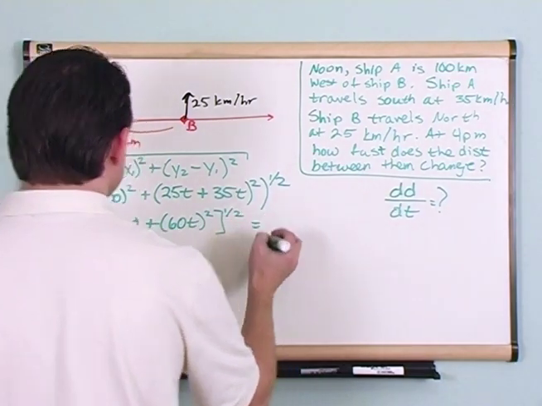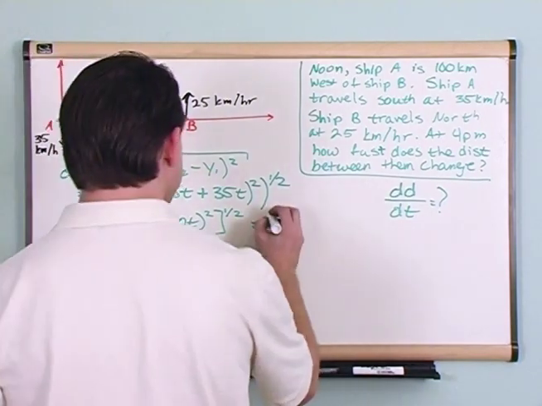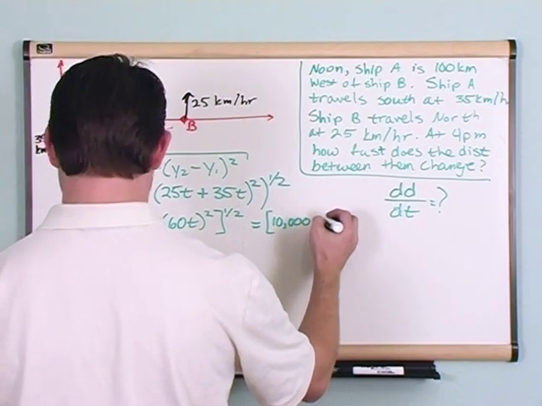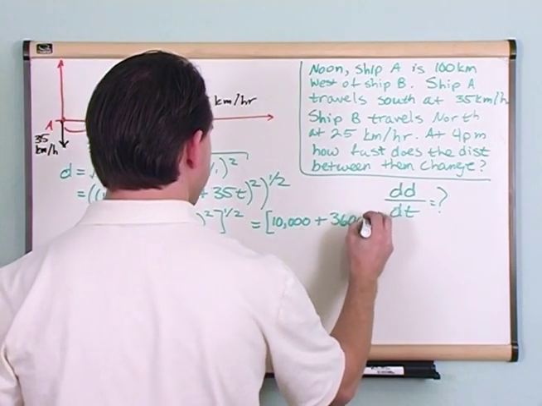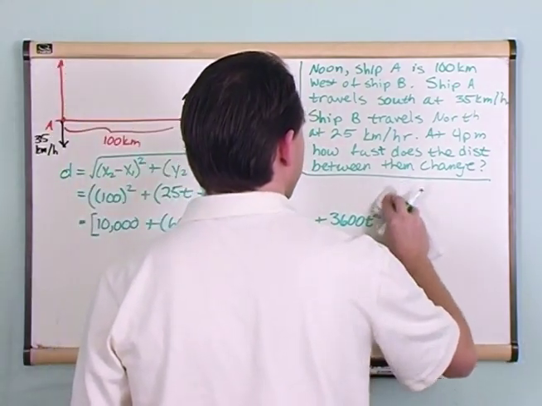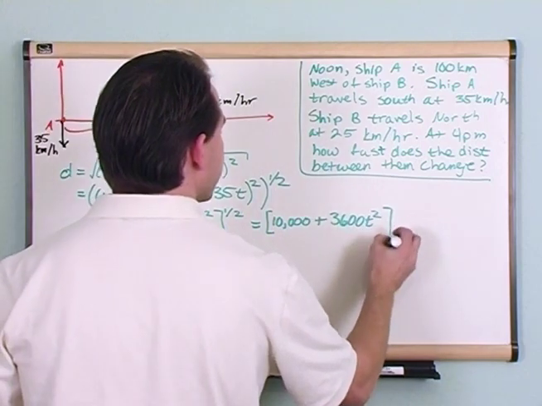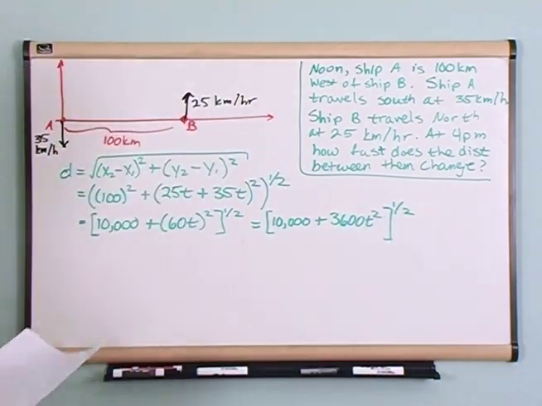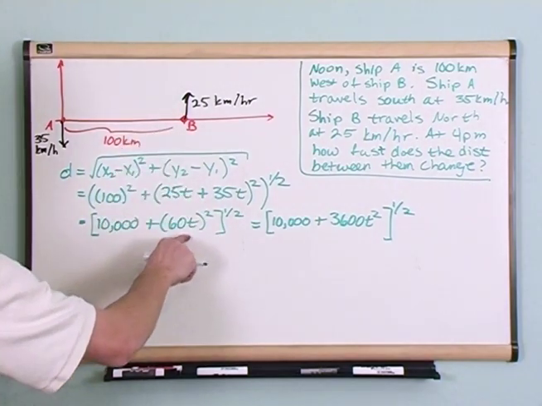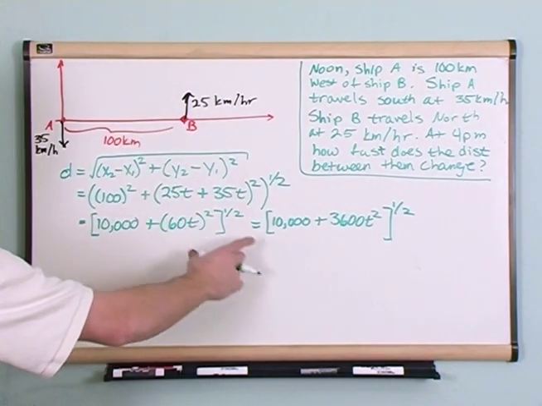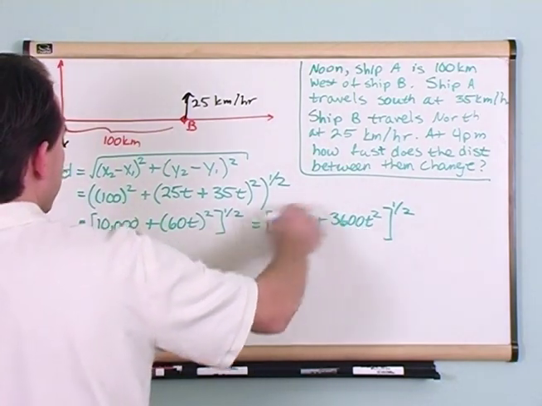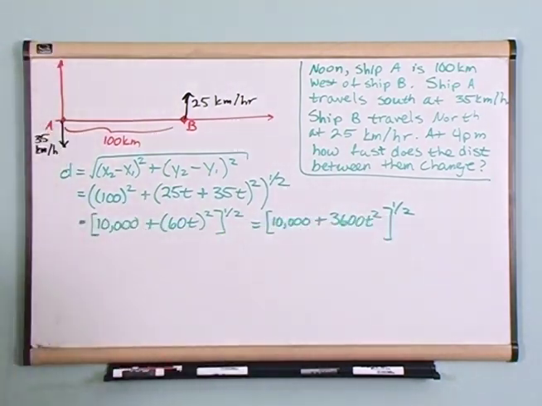Now I can simplify this further, and I can say I have 10,000 plus 3,600 t squared, and all this stuff is raised to the 1/2 power. Really all I did was find the difference in y, add these two things together, still have the square out there, and then in the next step all I did was actually square this. So 60 times 60, 3,600, t squared comes along for the ride. Again, we've got the square root.